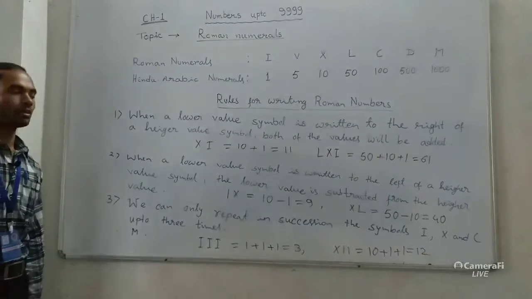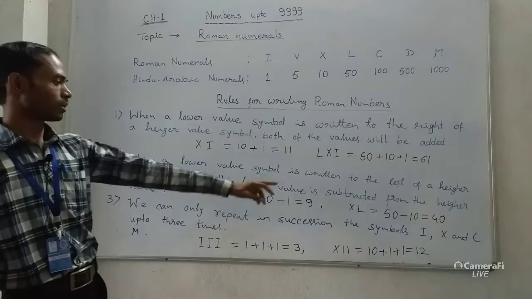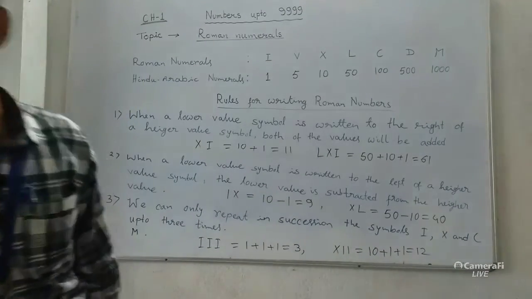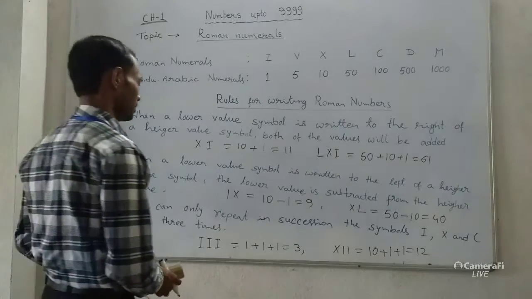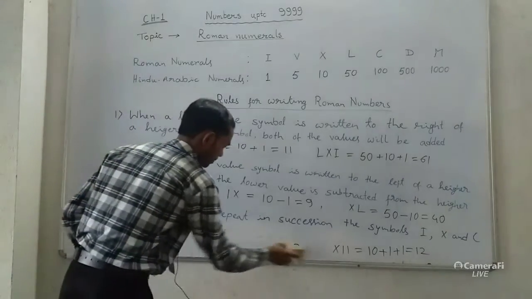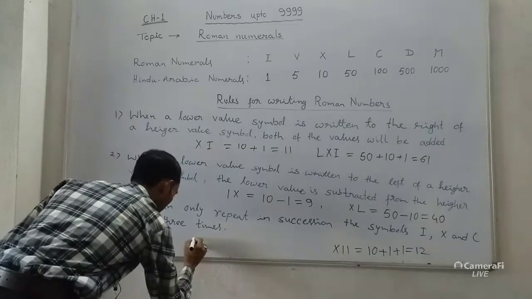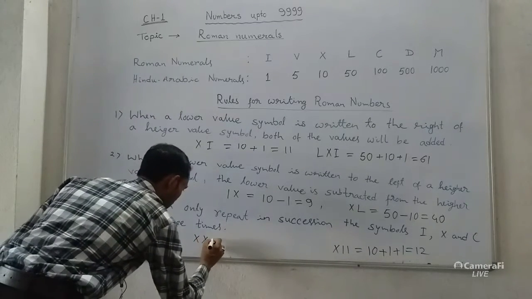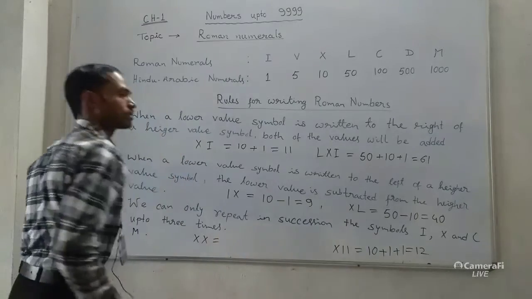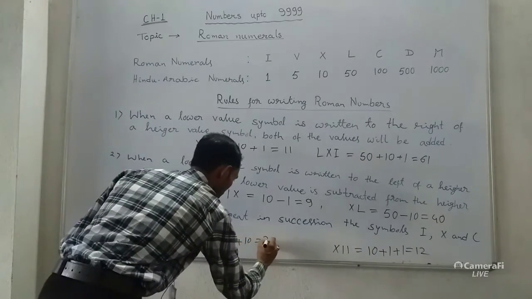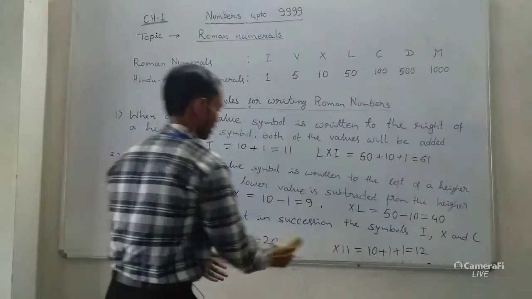So repetition is allowed only for I, X, C and M. Let me explain another repetition. Suppose taking X, that means 10 plus 10, 20.